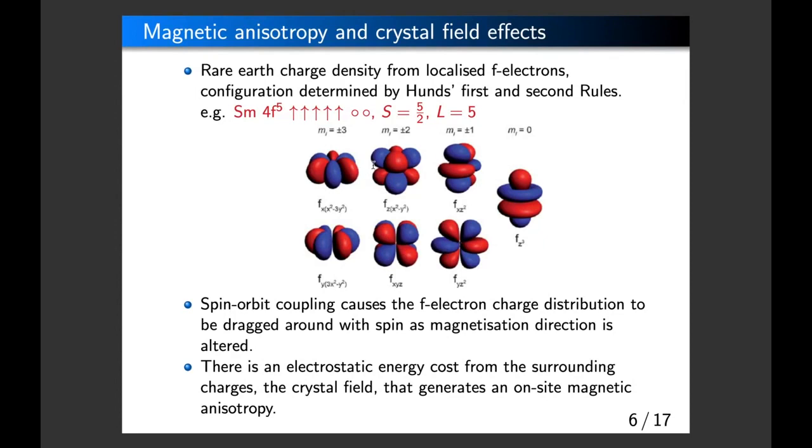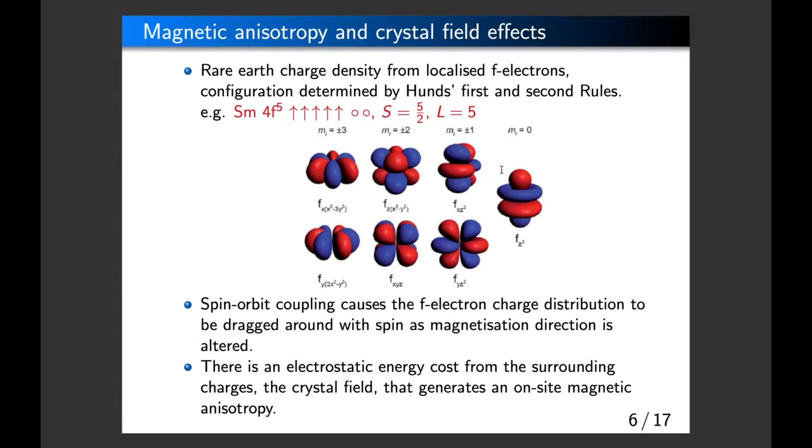And as I'm sure you're familiar, these configurations are determined by Hund's first and second rules. So, for example, for samarium, with its five 4f electrons, it has a total spin from these f electron configurations of 5 halves and a total angular momentum of 5.